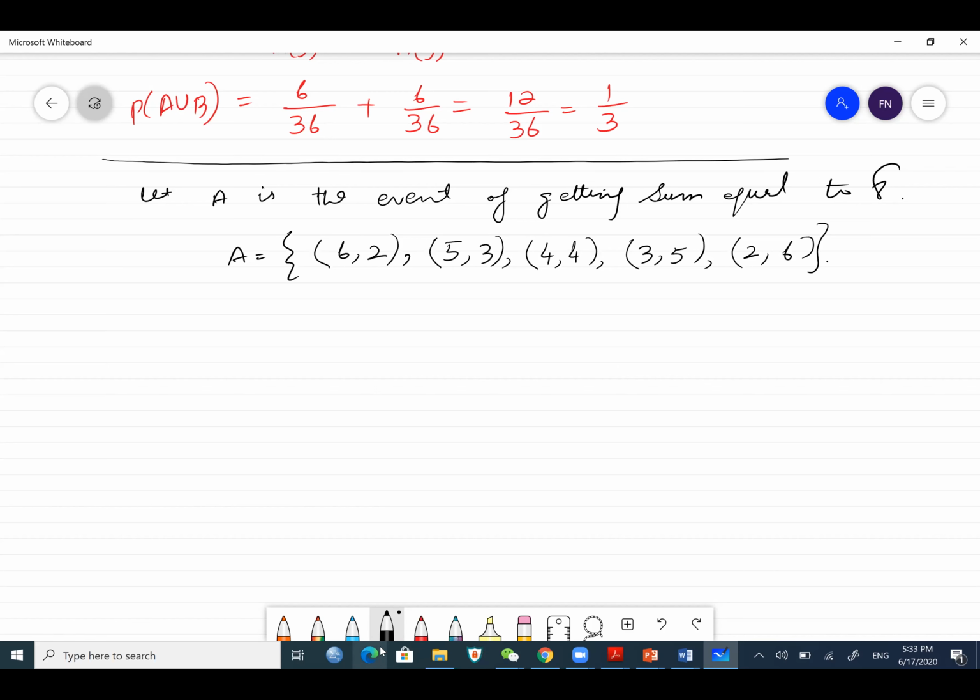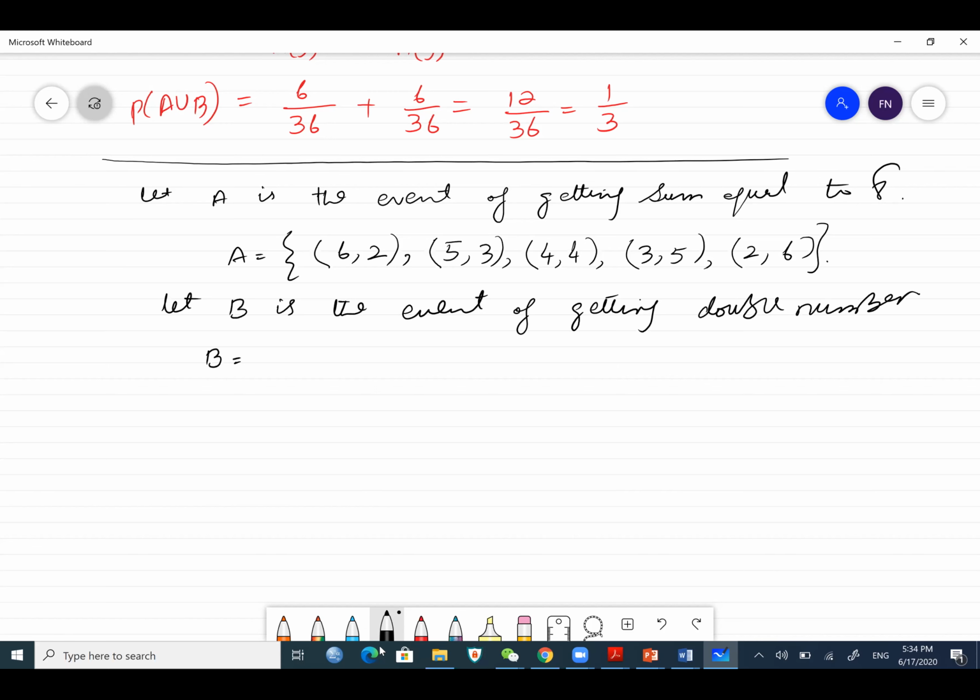Then again the rest of the problem is the same. Let B be the event of getting a double number.